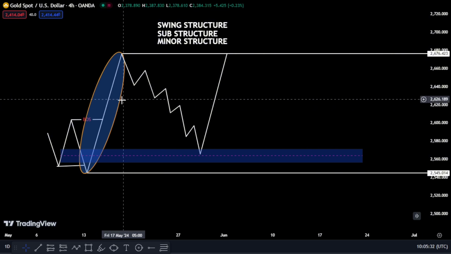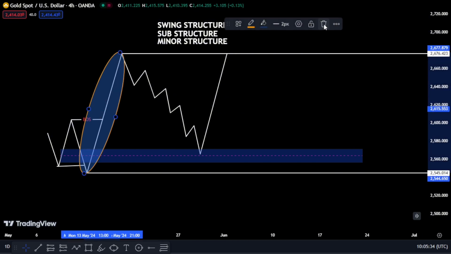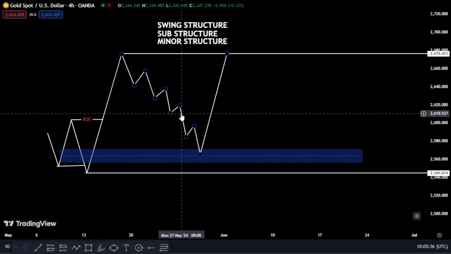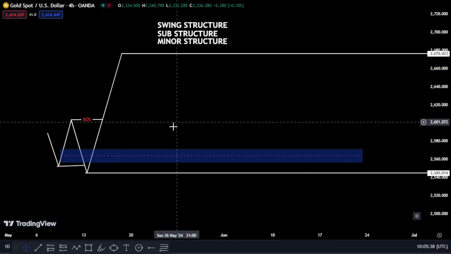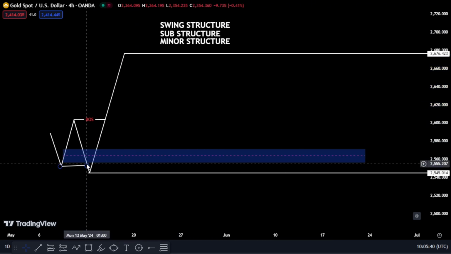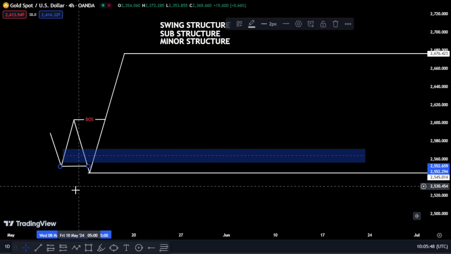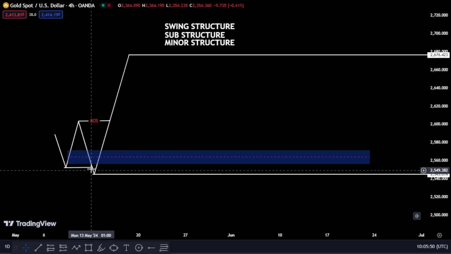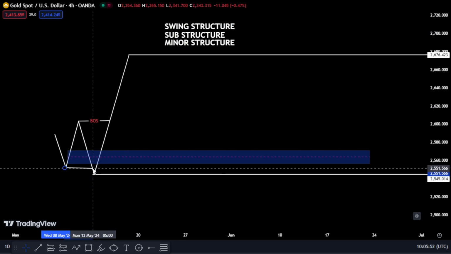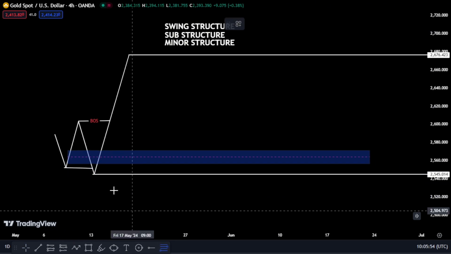So let me just go ahead and delete the whole of this, because there is something I still want to explain to you guys. To determine the exact point where you'll be buying or selling, you need to use the Fibonacci tool.